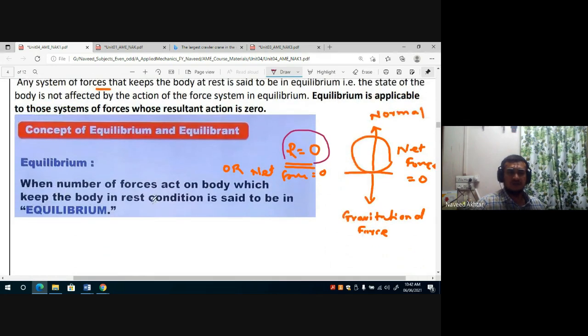When a number of forces act on a body which keep the body in rest condition, it is said to be in equilibrium. तो कोई भी बॉडी पर बहुत सारे फोर्स एक्ट हो रहे हैं, लेकिन वो फोर्स बॉडी को मूव नहीं कर रहे हैं, इक्विलिब्रियम कंडीशन में रखे हुए हैं, रेस्ट कंडीशन में हैं, तो उसको क्या बोलेंगे हम लोग? बॉडी, ऑल द फोर्सेस दे आर इन इक्विलिब्रियम. दैट्स व्हाई द बॉडी इज इन इक्विलिब्रियम.